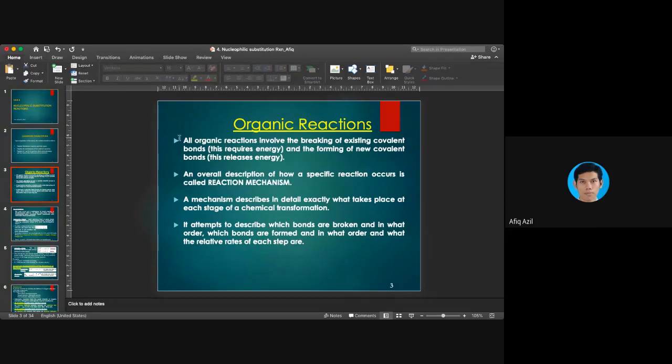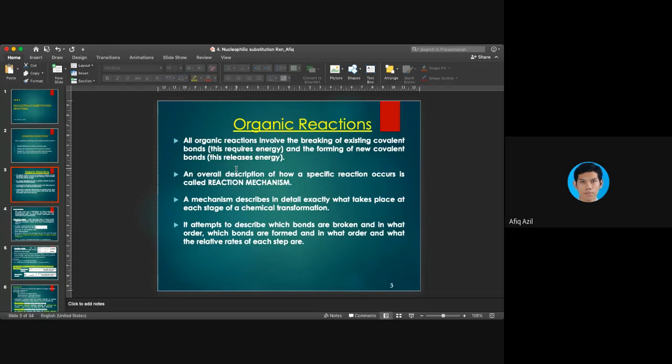Okay, basically all the reactions will involve breaking of existing covalent bonds and also forming of new covalent bonds. So in organic compounds, most of the bonds between atoms are covalent.